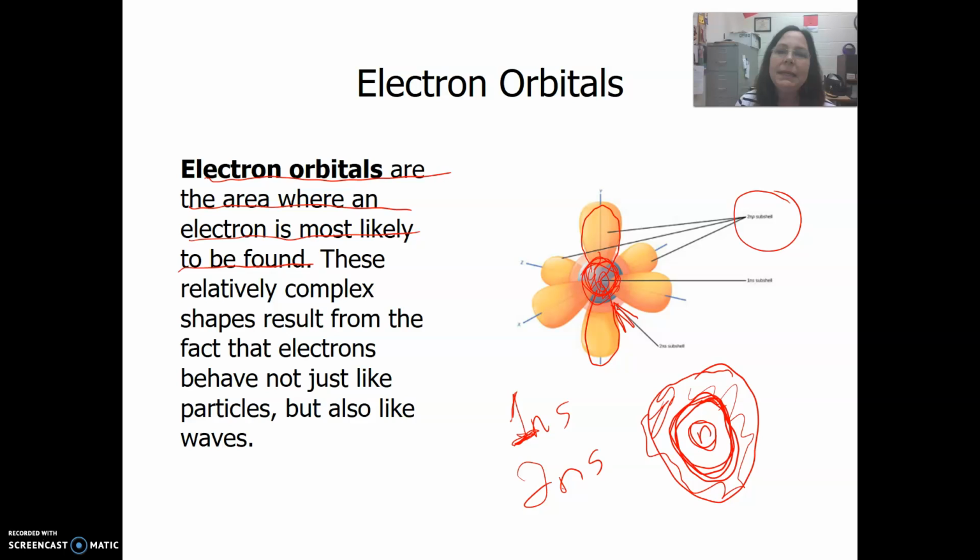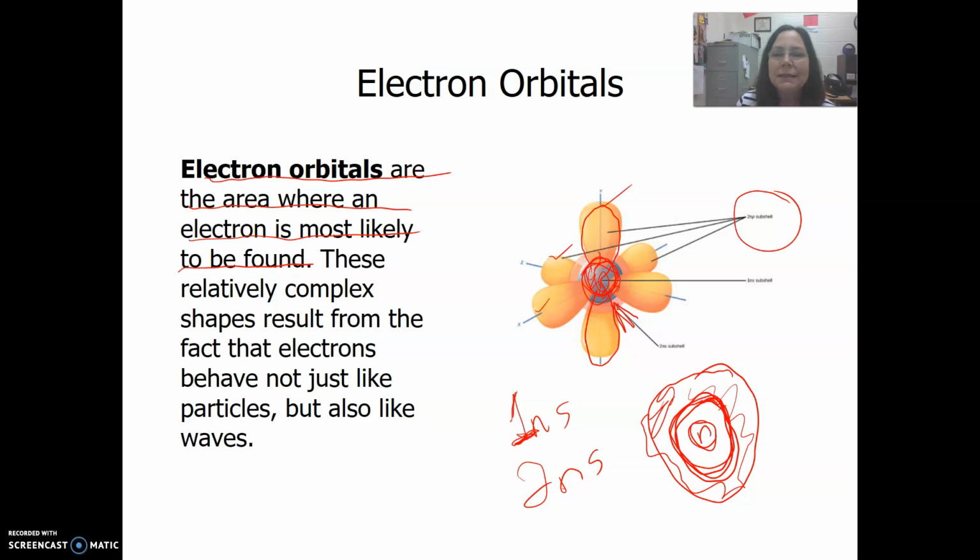But the 2NP subshell, the p subshells mean they're dumbbell shaped. That means that the 2 electrons in this subshell, because there'd be 2 in this one, 2 in this one, and 2 in this one. So you've got 2 in the 2s orbital, and then 2 in each of the p orbitals. That comes out to be 8 for the second energy level. In chemistry, you go a lot further with this.